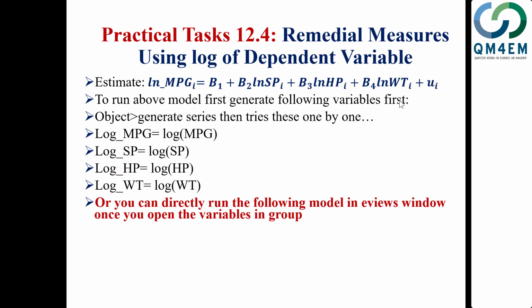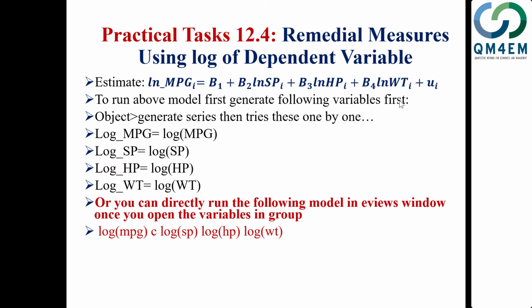So one procedure is to generate the log variables and then run the model, or we can directly run the log model in Eviews. All you have to do is open these variables in group form and then write this equation in the equation window. Instead of mpg, you write log and enclose mpg within small brackets.